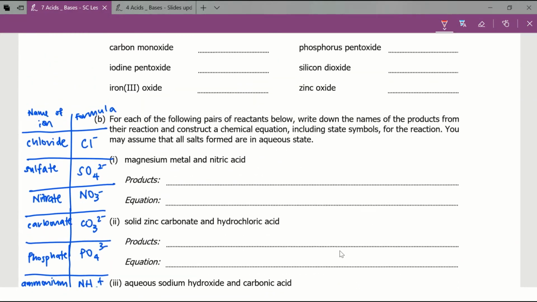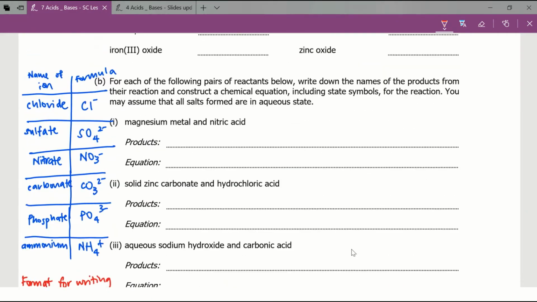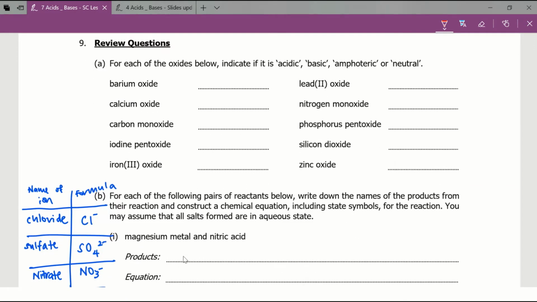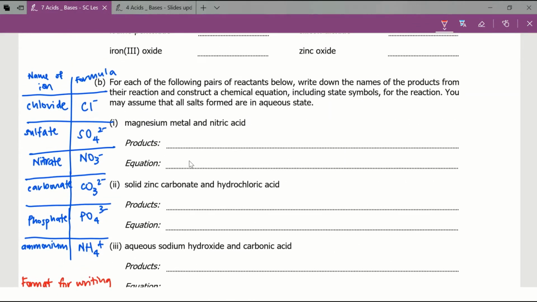So let's start. This is page 93. We are going to work on review questions part B. For all of these reactions, this table at the side is to help you quickly identify the negative ions of each of the acids, and also to give you the formula of the ammonium ion.